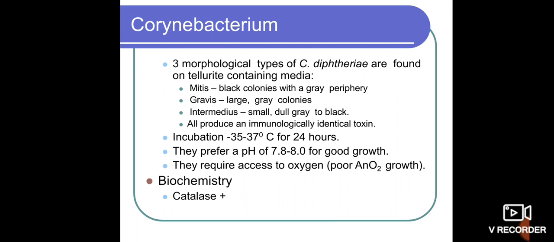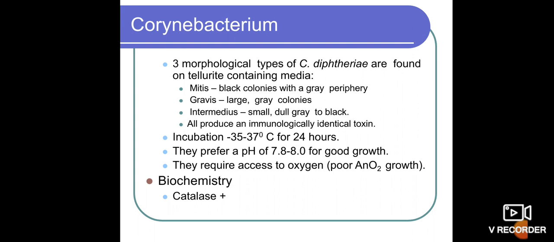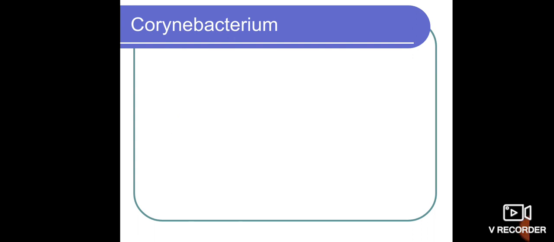Almost 95% of gravis strains, 90% of intermediate, and 80 to 85% of metis produce the toxins, and these toxins produce the cytopathic effect.